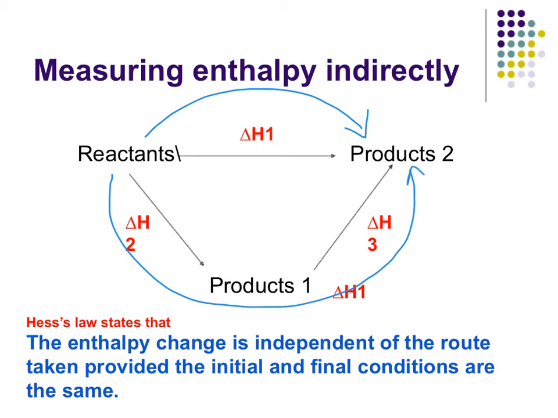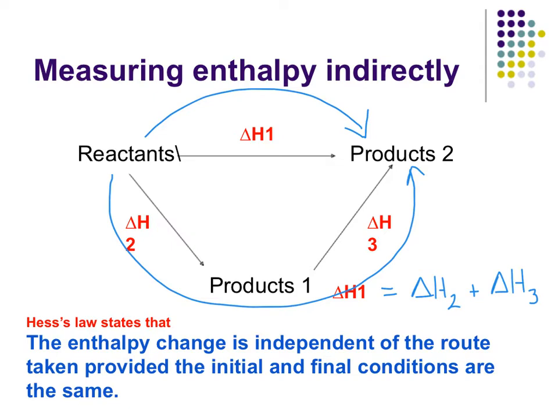So we could go via a second route, via products 1. Reactants to products 1 has the enthalpy change delta H2. From products 1 to products 2, it has the enthalpy change delta H3. Now according to Hess, delta H1 will be equal to the sum of delta H2 and delta H3. So we're still ending up with products 2, but we're just getting there by two slightly different routes.